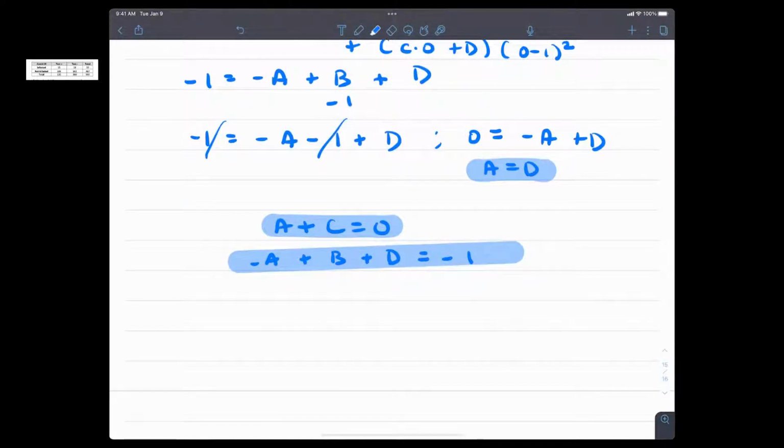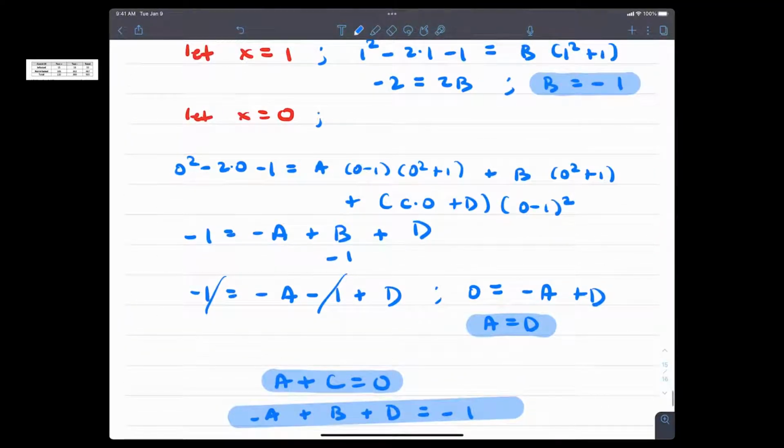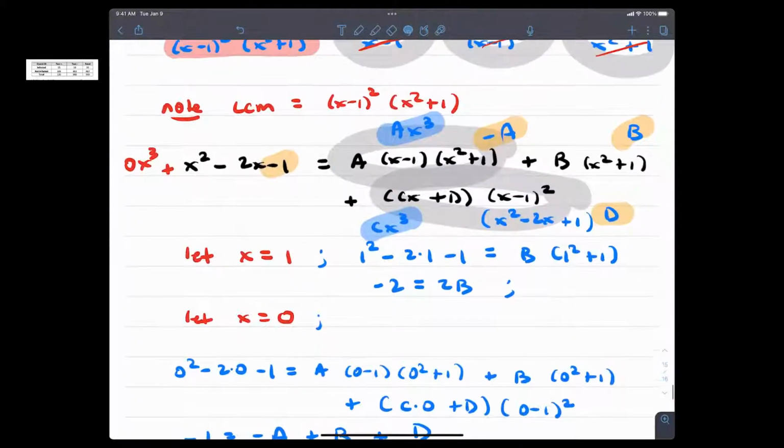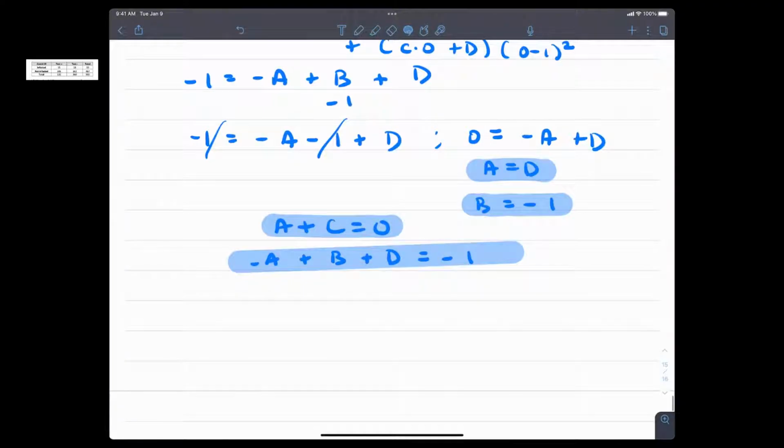Here's my equation. And I got b is negative 1. So let me bring this down. Okay. Do you get a is equal to d again? Maybe you do. This is what you'd be going through, right? Let's double check.